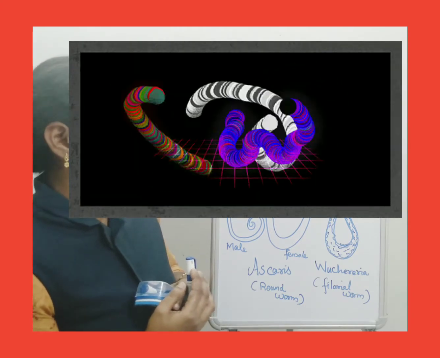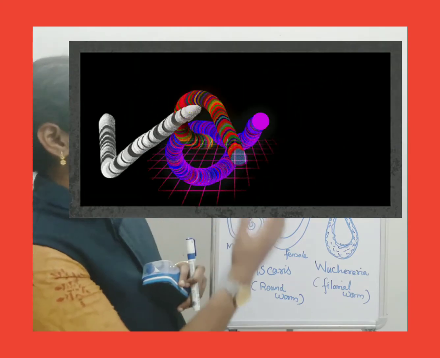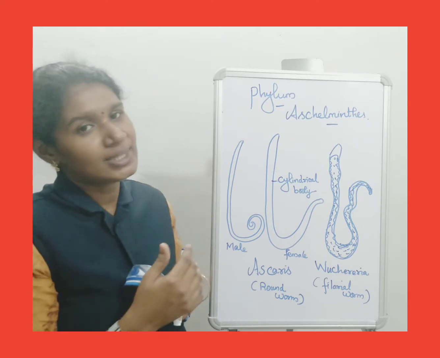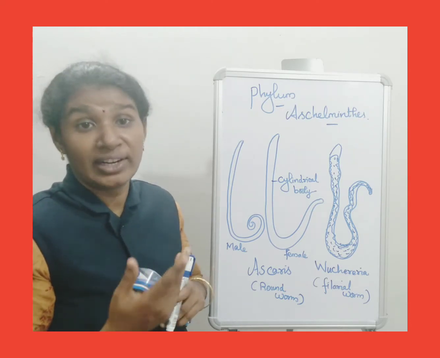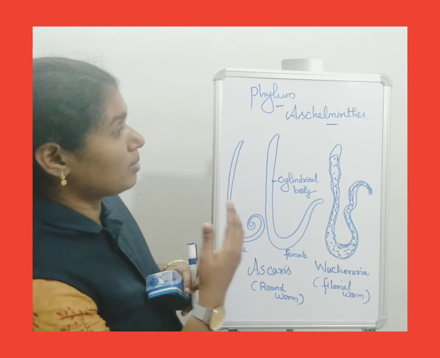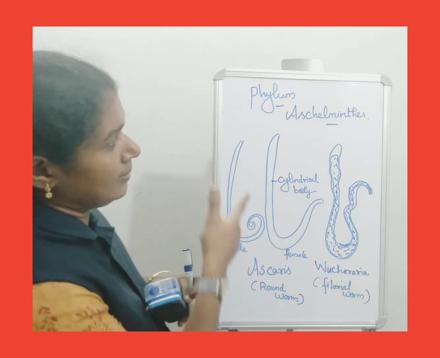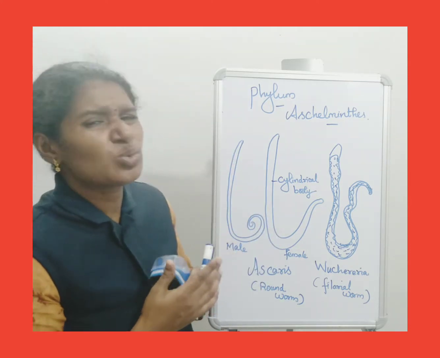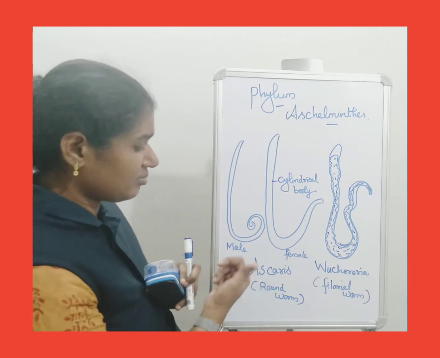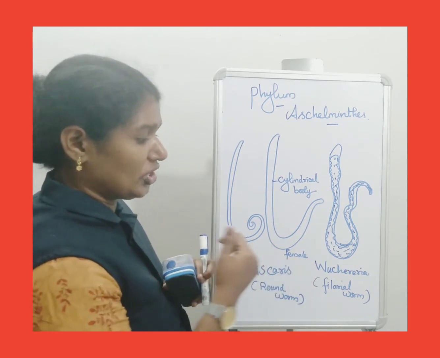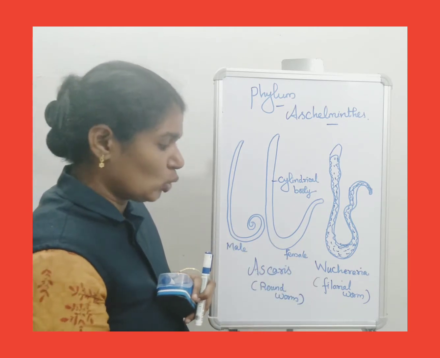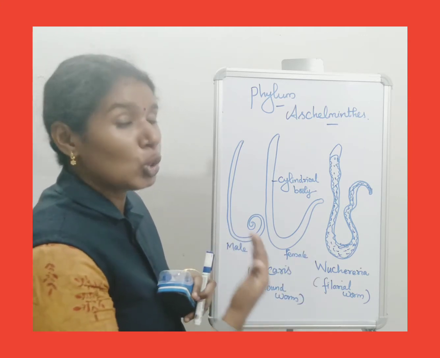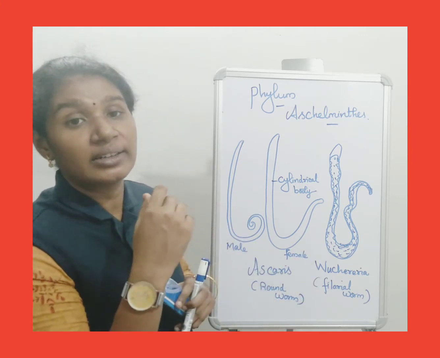Normally in Aschelminthes, we know that the head is absent but the mouth is present. And different examples come under Aschelminthes, like Ascaris, Wuchereria, that means roundworm, filarial worm, hookworm, ribworm.